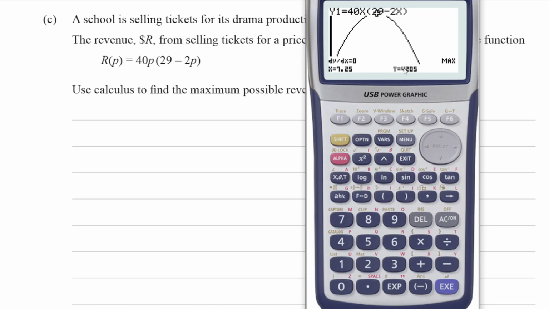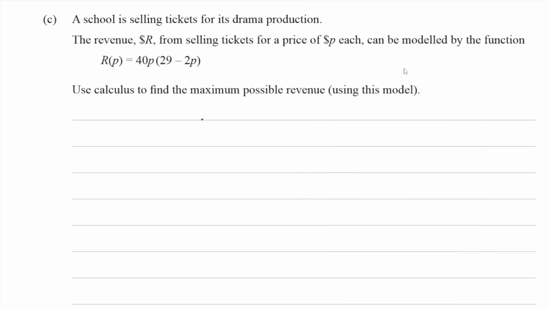So, in fact, we already know the answer. However, the question is telling us to use calculus. So let's use some calculus. Before that, let's plan out how we'll approach this problem. Firstly, we will find the rate of change, the gradient function.